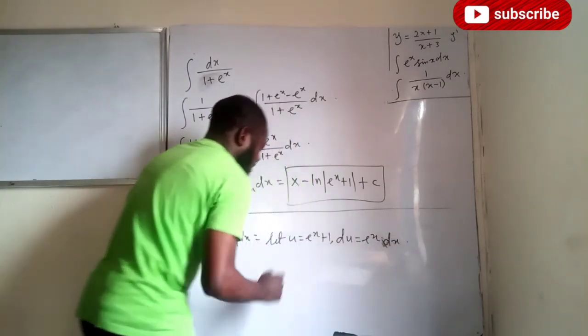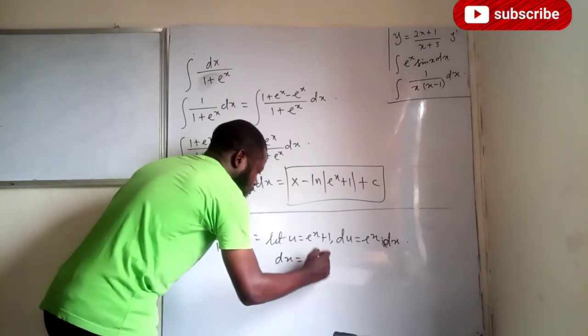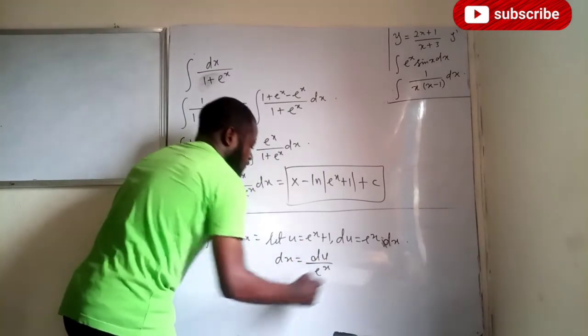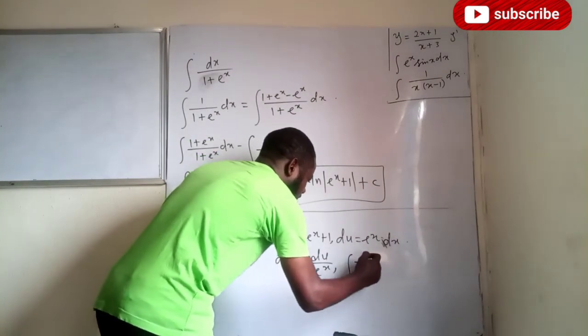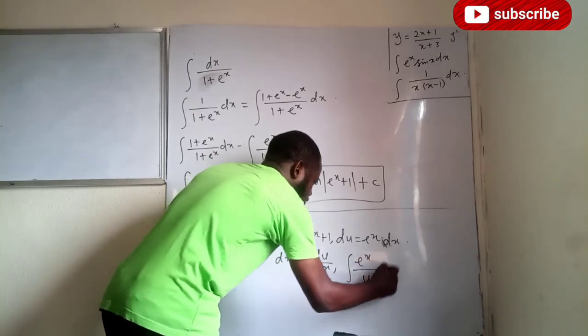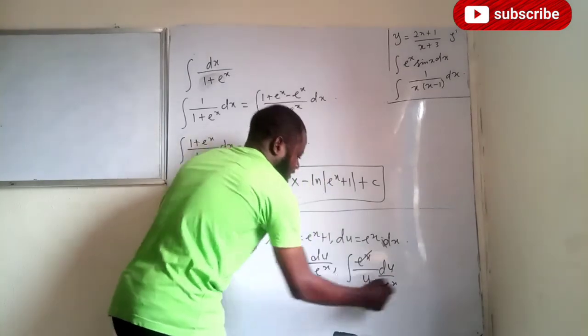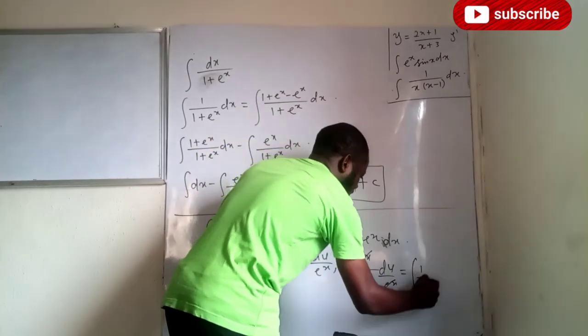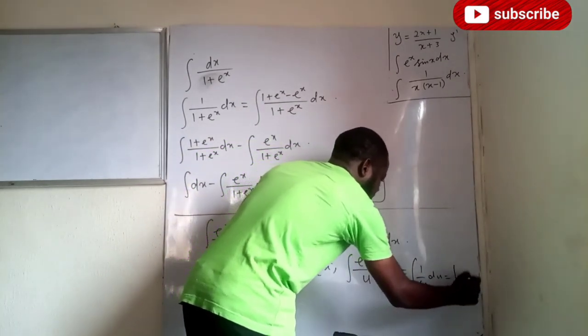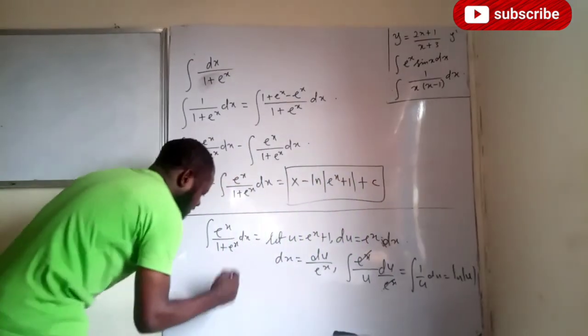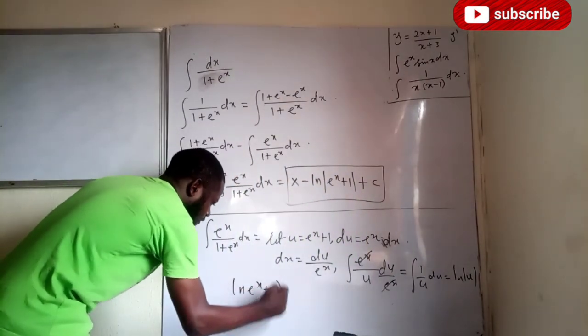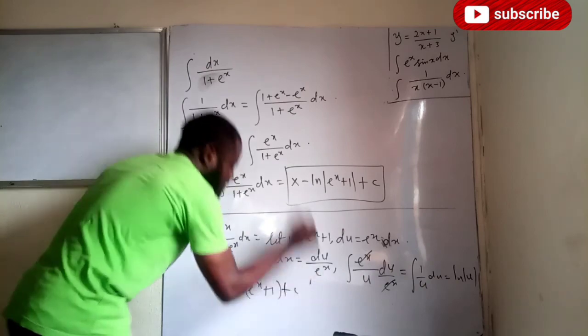So dx equals du over e to the power of x. Therefore, the integral becomes e to the power of x all over u, and instead of dx, I will have du over e to the power of x. This and this cancel. Then I have the integral of 1 over u du, and this is ln of u. And ln of u is the same thing as ln of e to the power of x plus 1, then plus c. It's as simple as that.